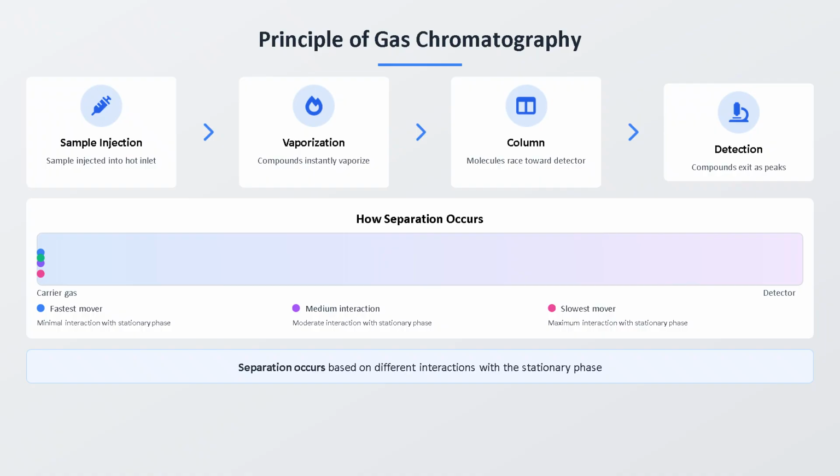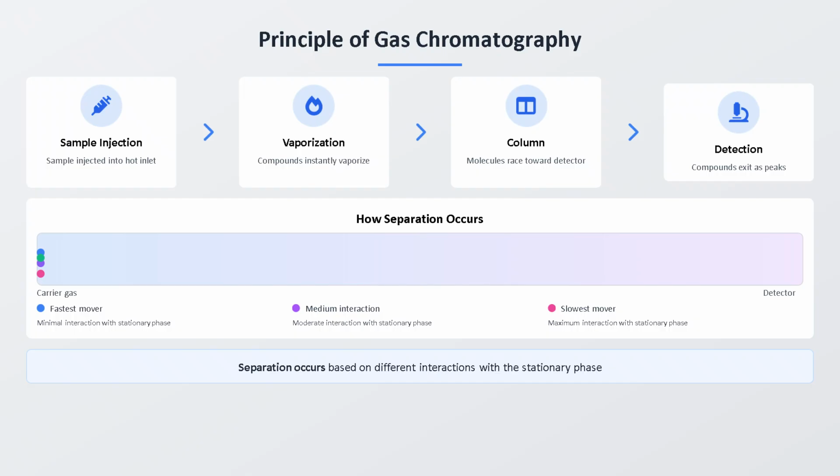In the GC section, everything begins with sample injection. As soon as the sample enters a hot inlet, the compounds vaporize instantly. Once vaporized, the molecules travel through a long, coiled column carried by an inert gas. Inside this column, each molecule interacts differently with the stationary phase.